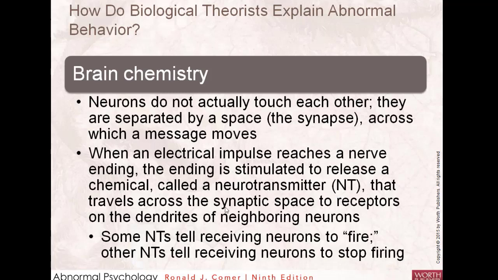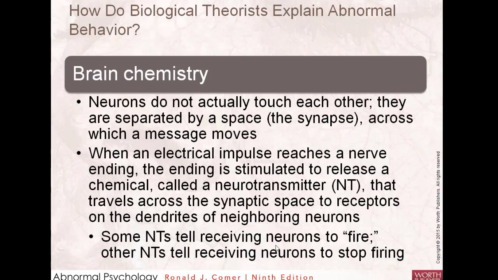They travel across the synaptic space, or the gap, the synapse, to bind to the receptors on the dendrites of the neighboring neurons. So there are specialized receptors for the different types of neurotransmitters. The lock and the key fit each other.